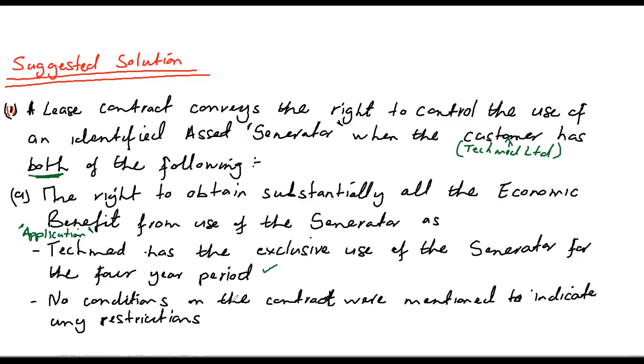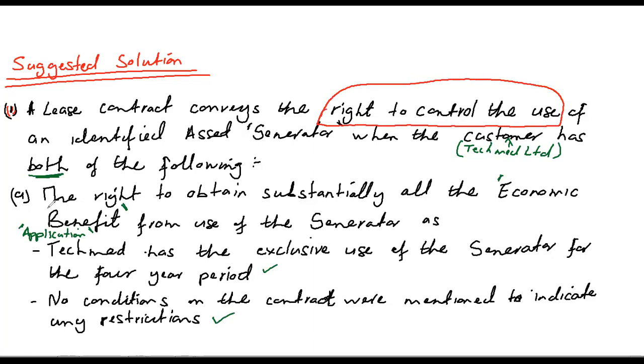If there was that information, we're going to pick it up. So you get a mark for identifying that. So this is all addressing the economic benefits part. And remember, the economic benefit part is under the umbrella of the right to control the use.